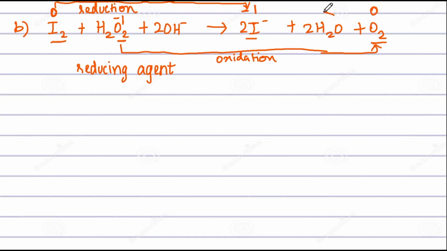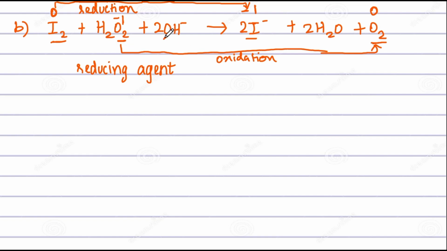You may think that the water molecule is also present. In the water molecule, the oxidation state of oxygen is -2. So from -1 to -2, it is a decrease only, no? So we can say hydrogen peroxide has a decrease in oxidation state, so it has undergone reduction. We may think in that way, but you should not think in that way, because here the water molecule is present as a byproduct.